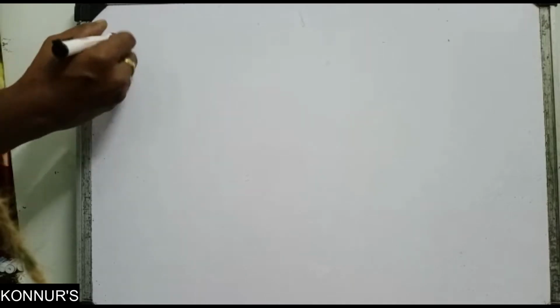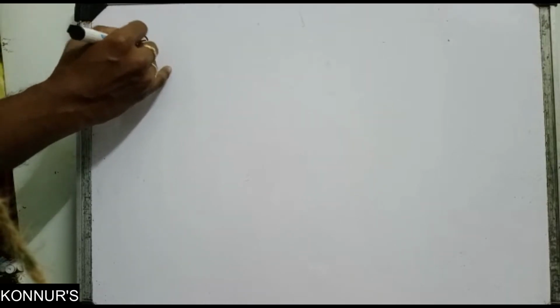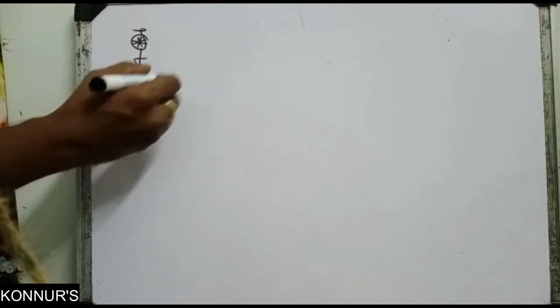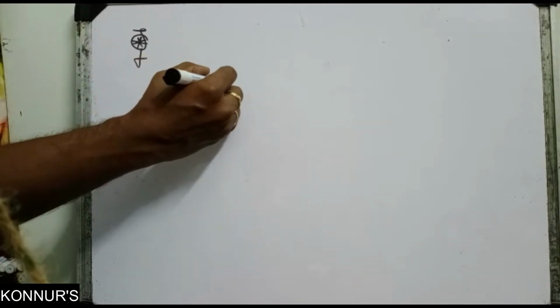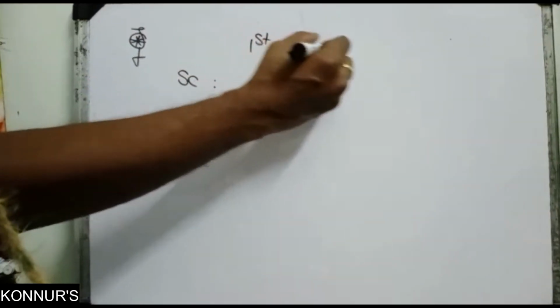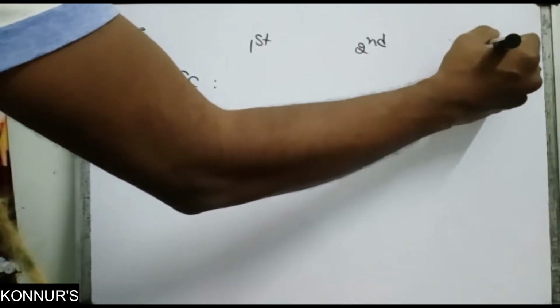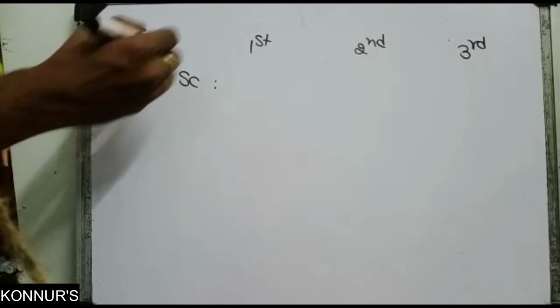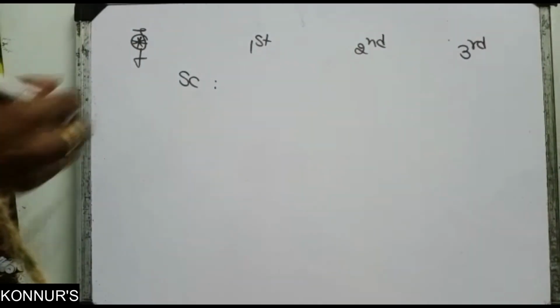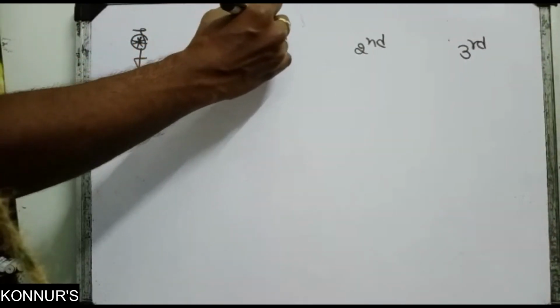Next, in NEET and JEE, they will also ask for first coordination, second coordination, third coordination in the unit cells. So you can take simple cube, first coordination, second coordination and their distances, third coordination distances, and those values also.